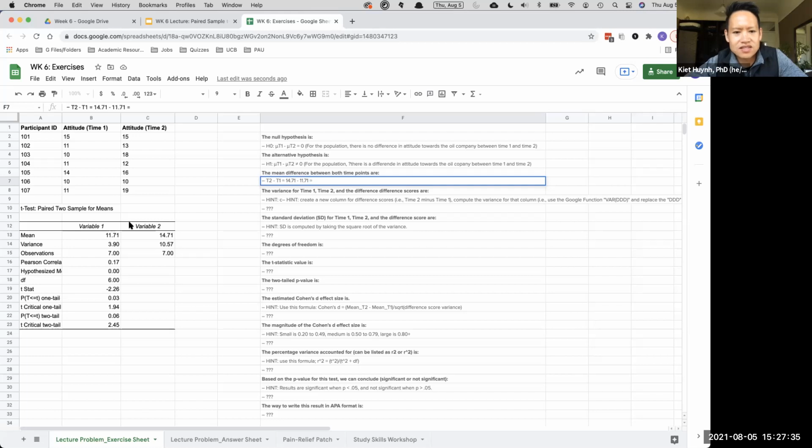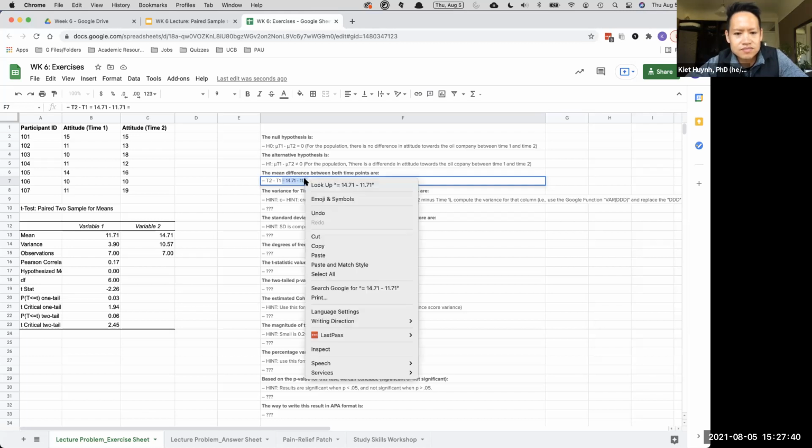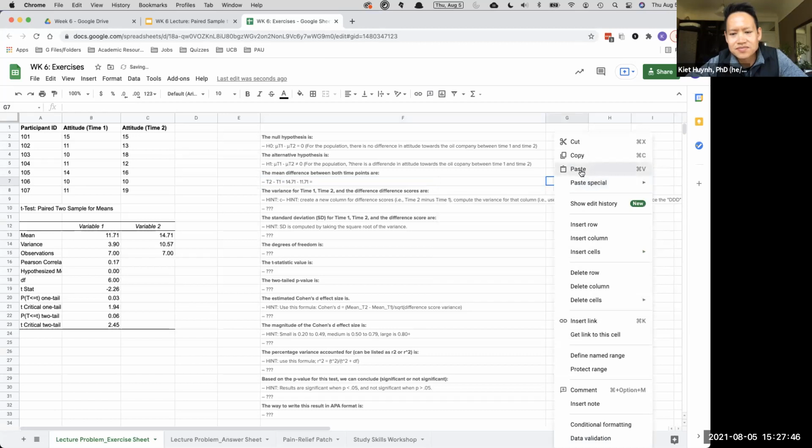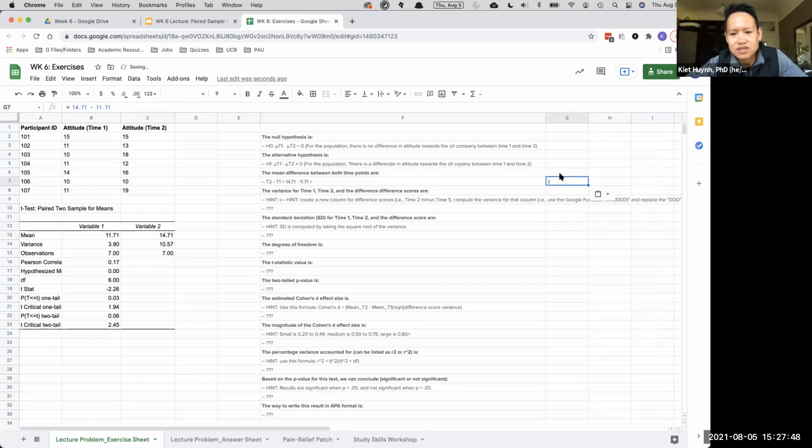What does that give us? Let me just copy this with the equal sign copied as well, and paste it in the adjacent cell. Then Google will do the math for us. So the difference is 3.